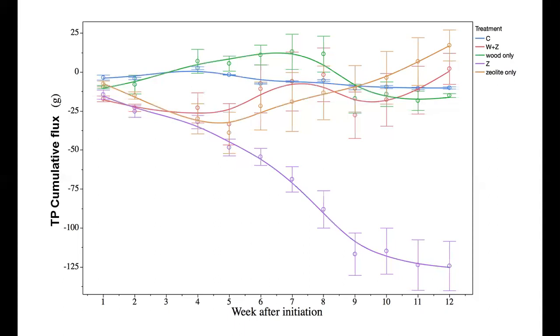But at this point, the zeolite tank began to release phosphorus. We suspect at this point the coke formation had become so rich that the phosphorus could no longer absorb, and previously absorbed phosphorus began to be released.